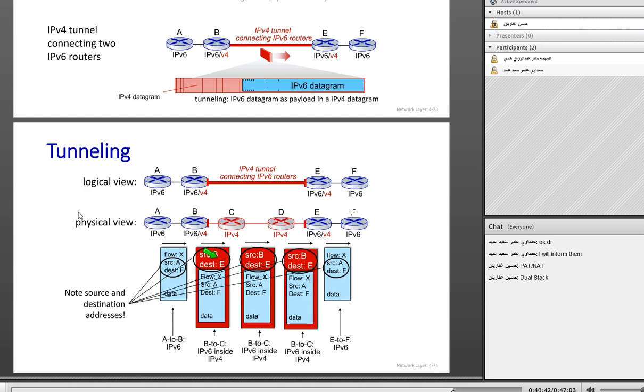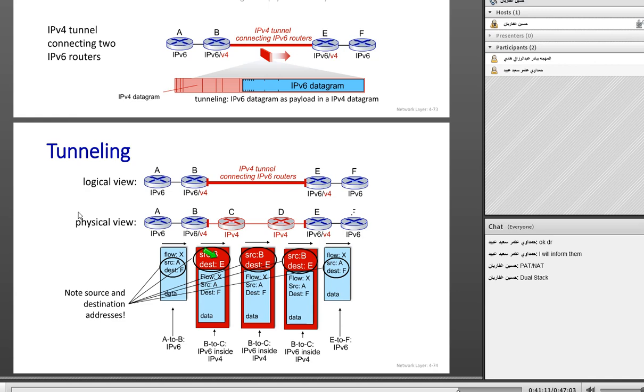I'm translating the header of the IP version 6 packet into an IP version 4 packet header. So I'm completely replacing the header from version 6 to version 4. And on the other side, again I'm translating the IP version 4 header into an IP version 6 header.